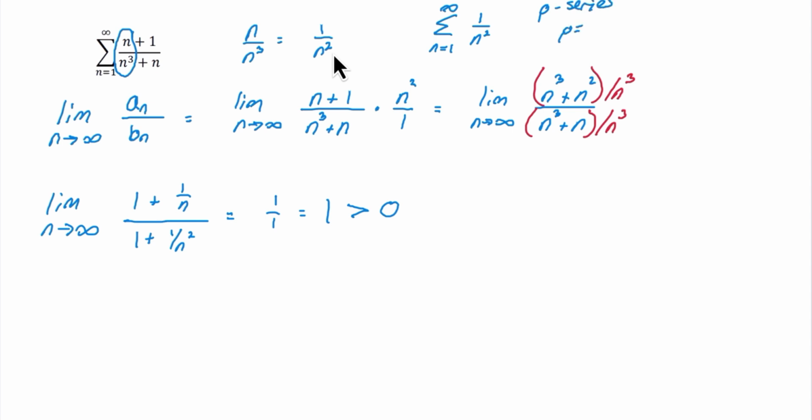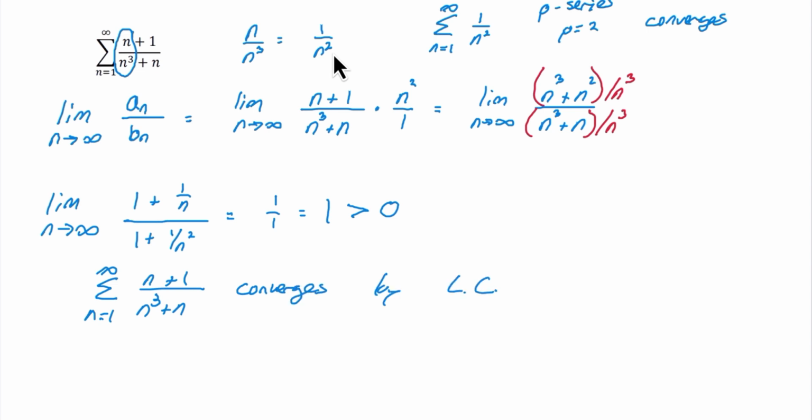P is 2, which means this converges. And if that one converges, then the original must converge as well. The sum of n plus 1 divided by n cubed plus n converges by the limit comparison test.